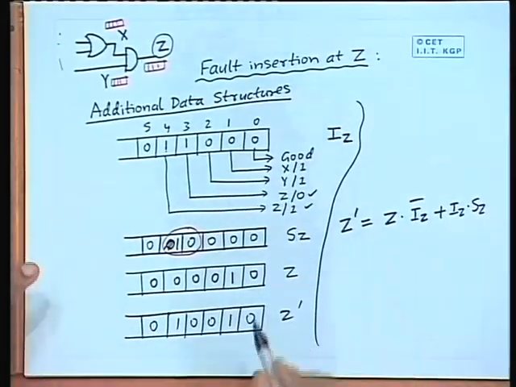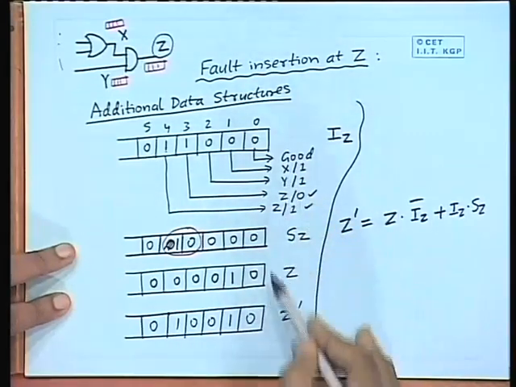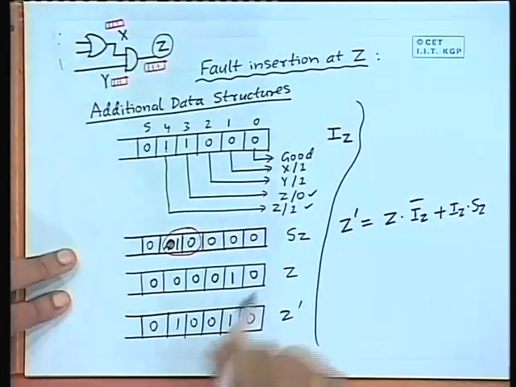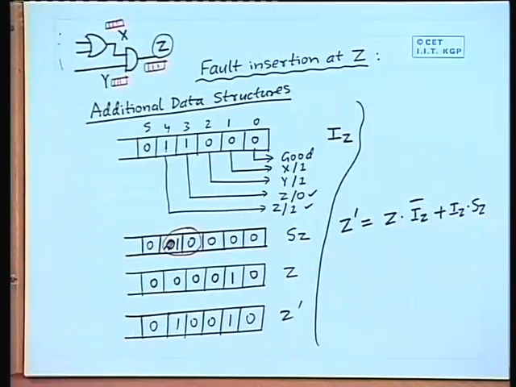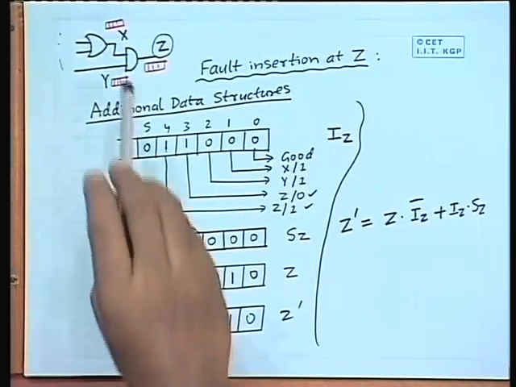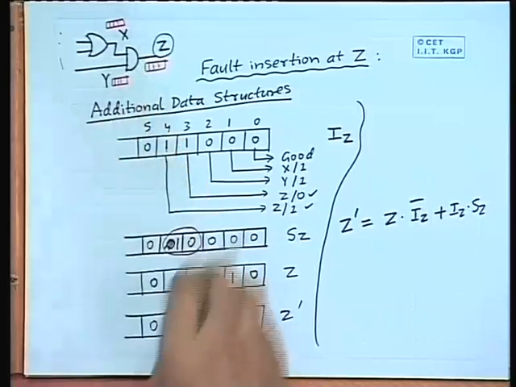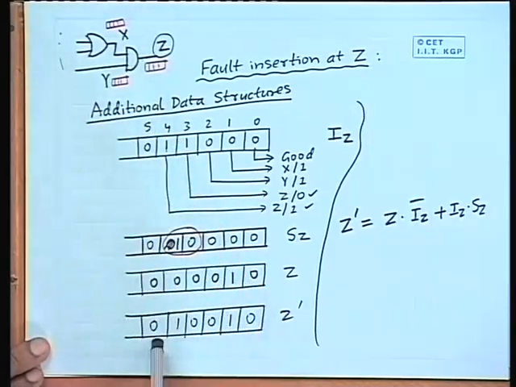So, in this way, these additional data structures are used only for the purpose of inserting the faults, because as you go on simulating, faults on this particular gate will have some effect in determining which are the positions that will need to be modified.